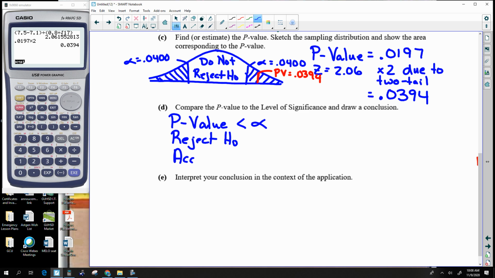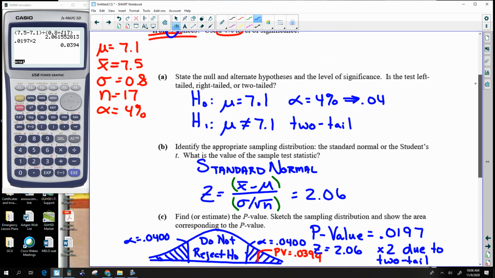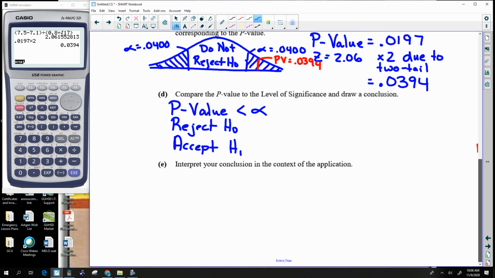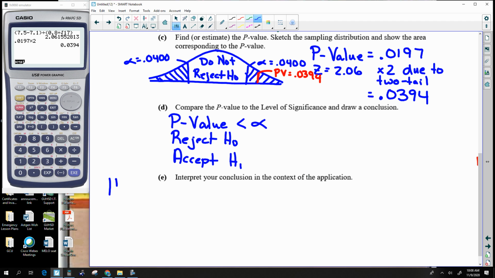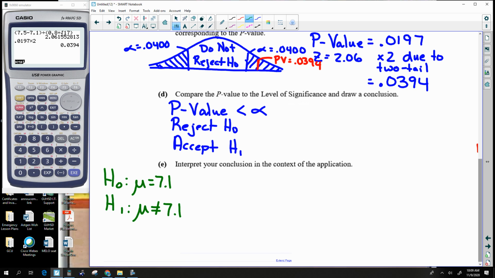And then I accept H1. And this is exactly what I say. All I have to do is interpret the symbols. Okay, so all I in essence have to do is interpret this into words.